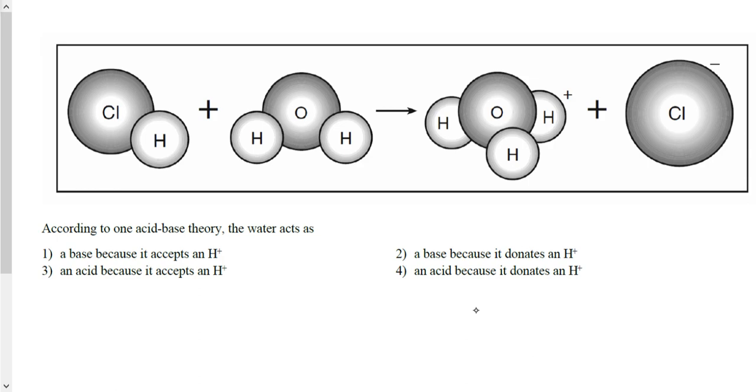We have HCl on our left side, and we have H2O, water, on our left side. Now, what exactly happened with HCl from our left side to our right side?